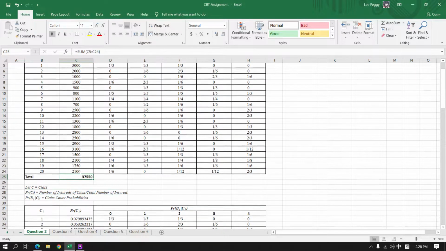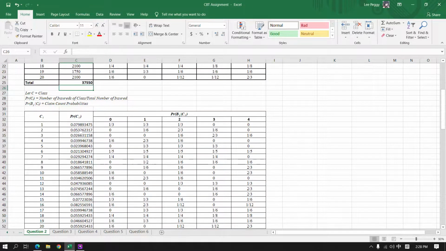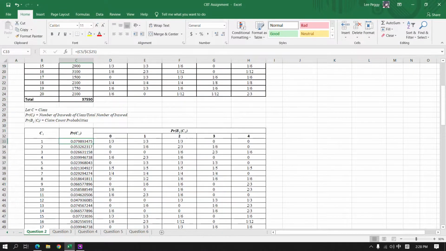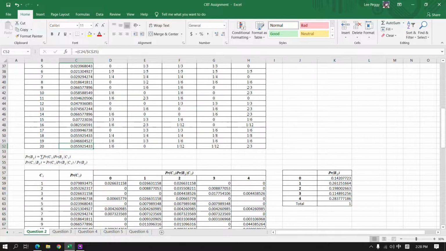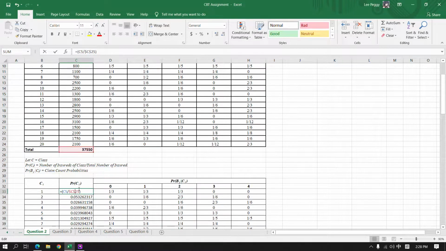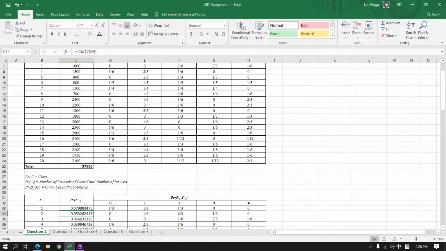I've totaled up the number of insured using the sum in the Excel sheet. So to find the probability of Ci, we use the number of insured of each class divided by the total number of insured. You can see it in the highlighted parts.